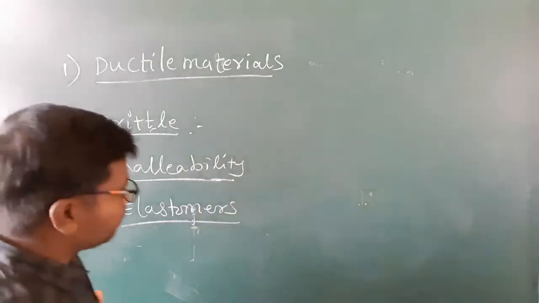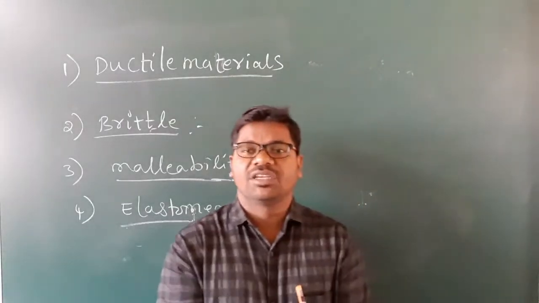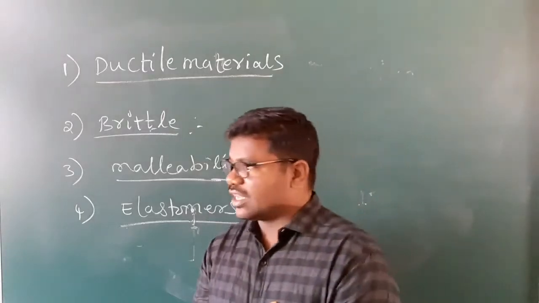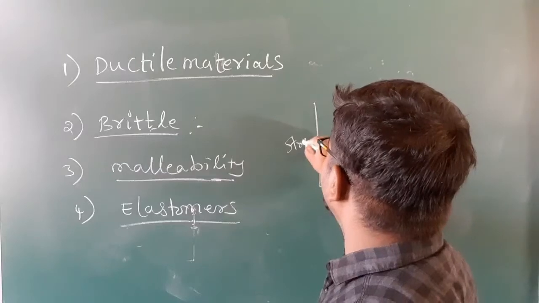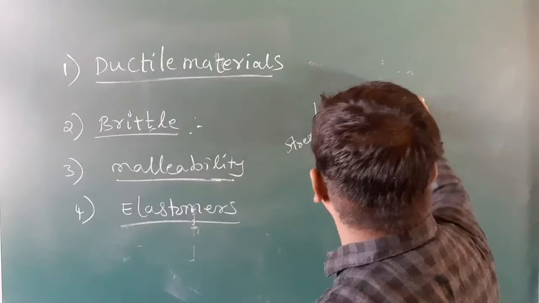See here, elastomers means materials having large elongation. The graph between stress and strain looks like this.